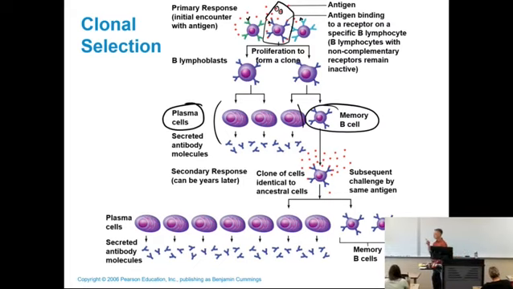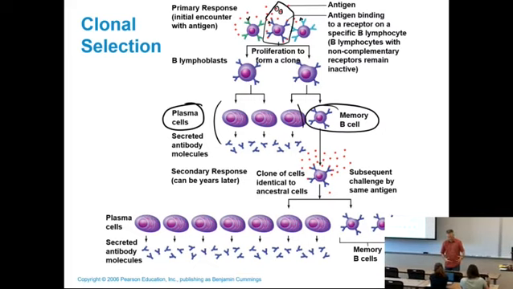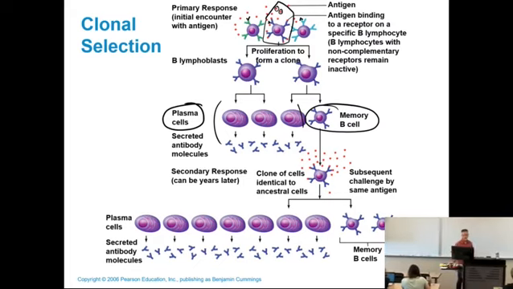Plasma cells are activated B cells that have swollen up, gotten really big, and they're cranking out antibodies. Because antibodies are the chemical weapon, if we want to consider that, of the B cells. That's what they're using to help us get over a particular infection with a pathogen.